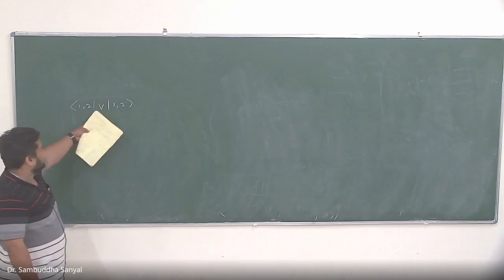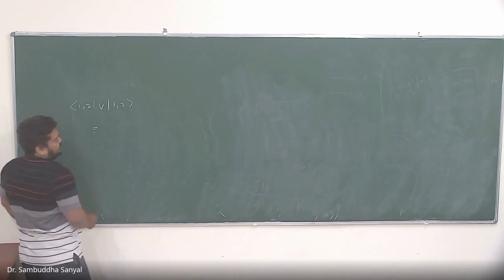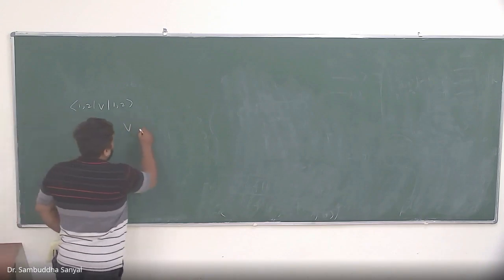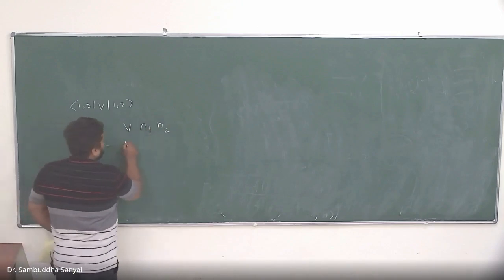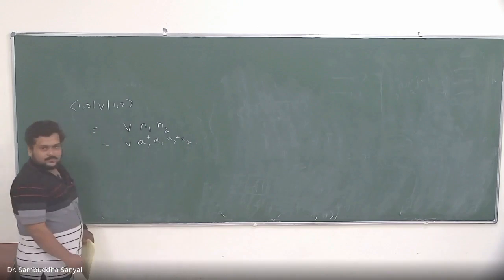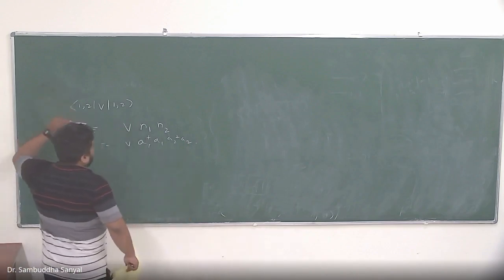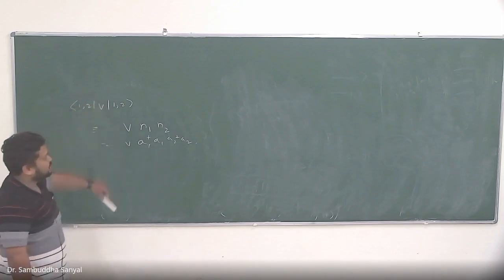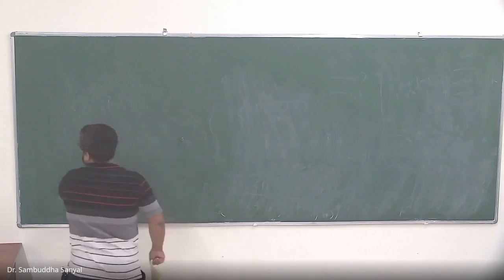You can write this equivalently in second quantization language as some N1 and N2, which is basically V A1 dagger A1, A2 dagger A2. So this kind of form. I will not show you right now how to do it, but you will find it in any textbook. But let me just show you some general forms.